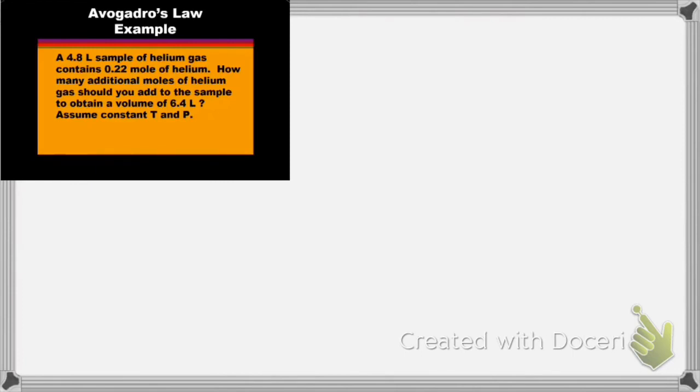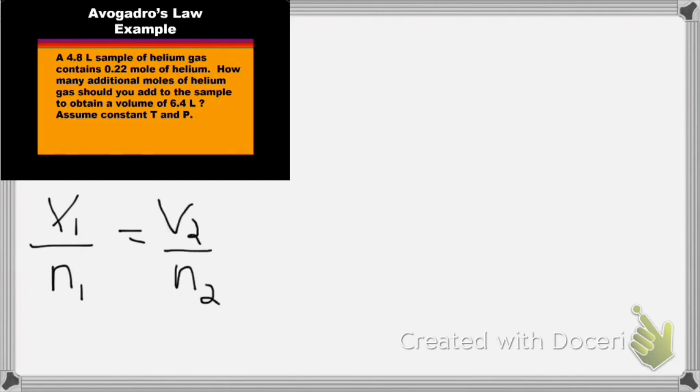So we know that we are using Avogadro's law. V1 over N1 is going to equal V2 over N2. So for V1 we have 4.8 liters, and for N1 we have 0.22 moles of helium.